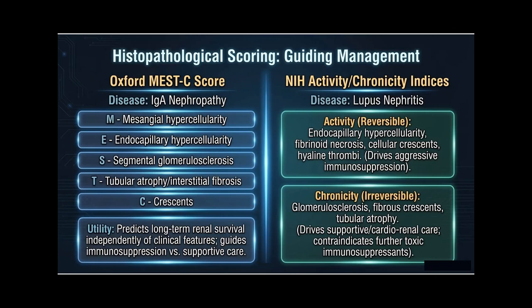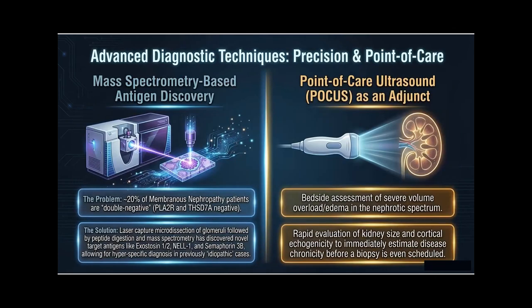One is an active case with reversibility, where you have to do immunosuppression: endocapillary hypercellularity and fibrinoid necrosis in cellular case. Whereas if you have the chronic irreversible type, glomerulosclerosis, fibrous crescent, tubular atrophy, there is only supportive care, renal care, and it contraindicates any further immunosuppression.